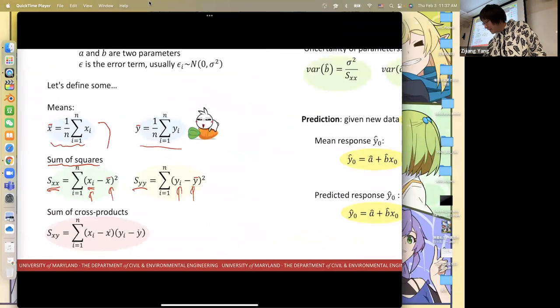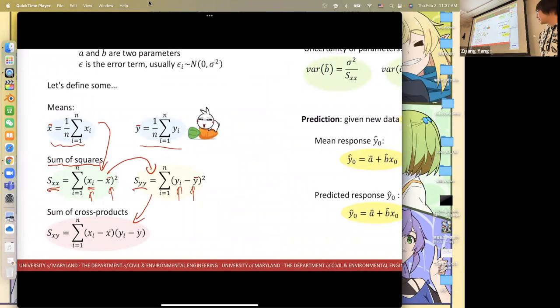And then the next step is to calculate the sum of cross products. Again, X bar, Y bar, we know, and XI, YI, we also know. So we just do this for n times, and then we just take the sum of them, and we can obtain SXY.